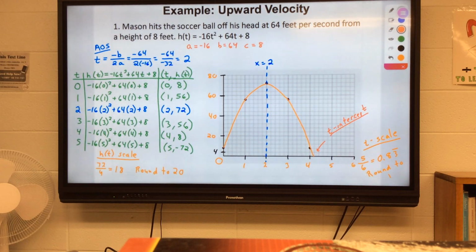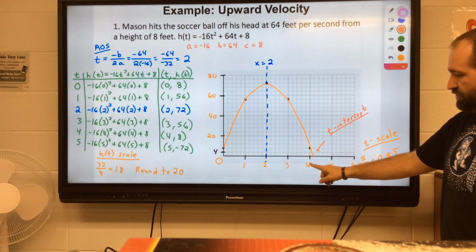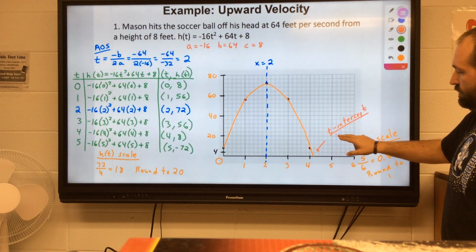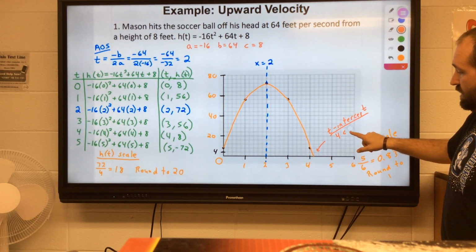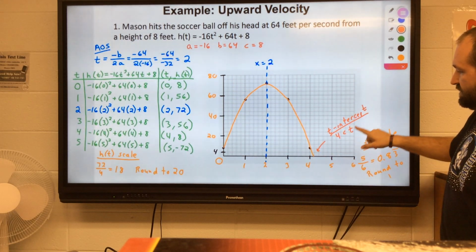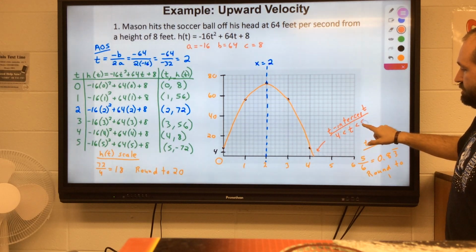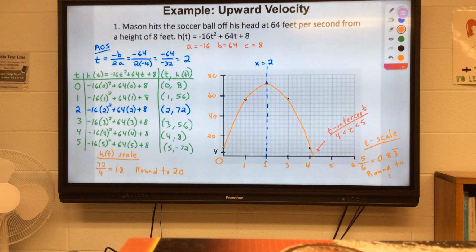It's going to be a math statement. It's not going to say between, but you're going to put whatever this value is here on your scale. So 4 is less than t, which is less than 5. Okay. The question is then, what does that actually mean in relation to this problem?